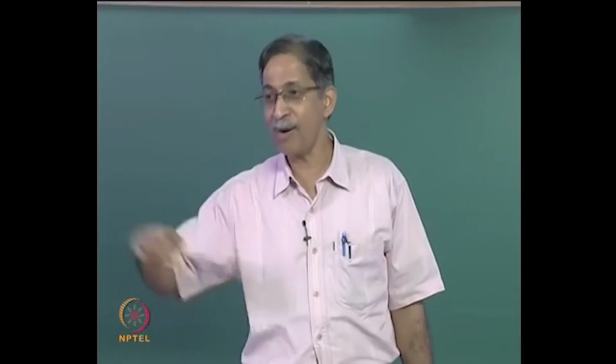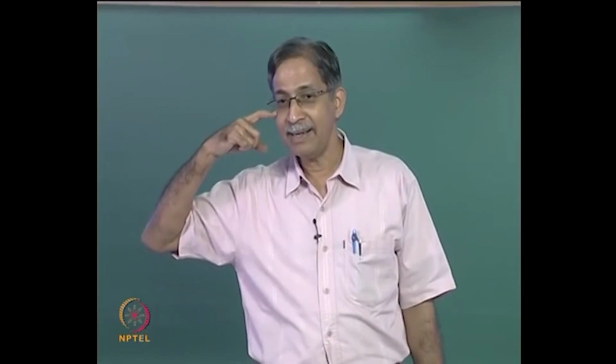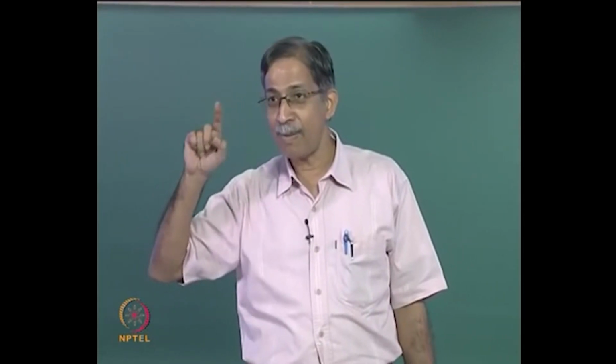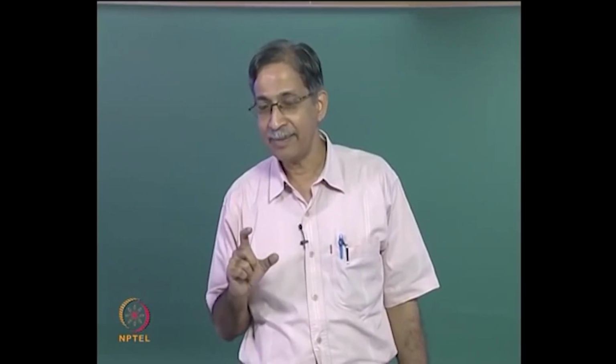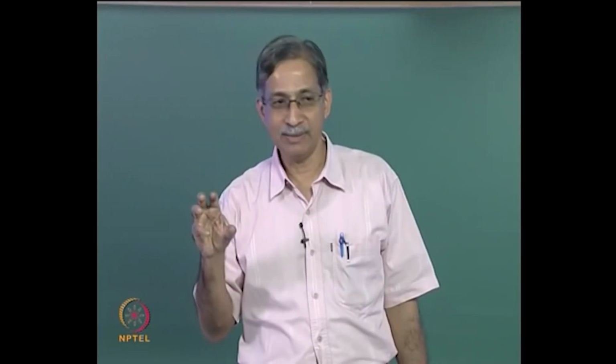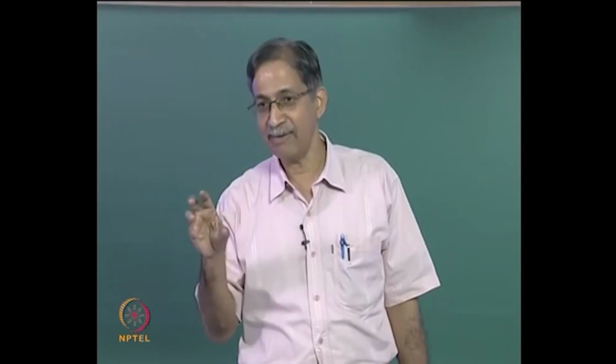But in the deformed configuration, if you cut a section there, it will be WL by 4 plus P into delta max in this case. Is it clear? And that second order moment will be significant if delta max is significant.